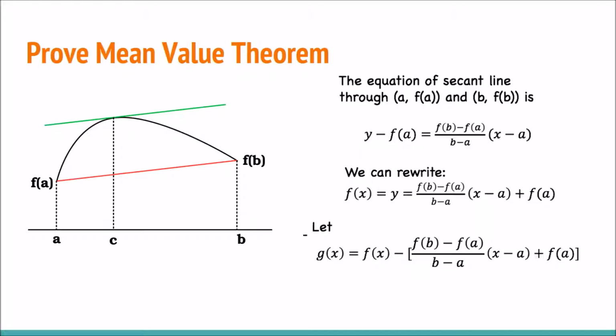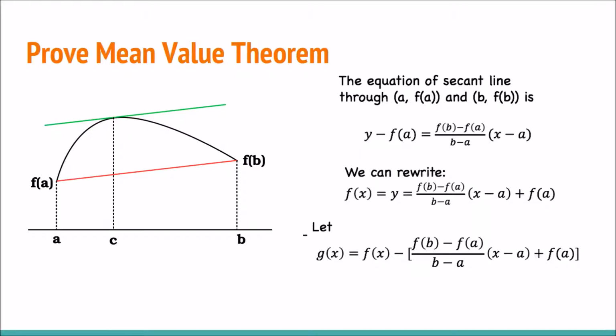We write the equation as y equals f of b minus f of a divided by b minus a, multiplied by x minus a, plus f of a, which gives us g of x equals f of x minus that secant line: f of b minus f of a divided by b minus a, multiplied by x minus a, plus f of a.